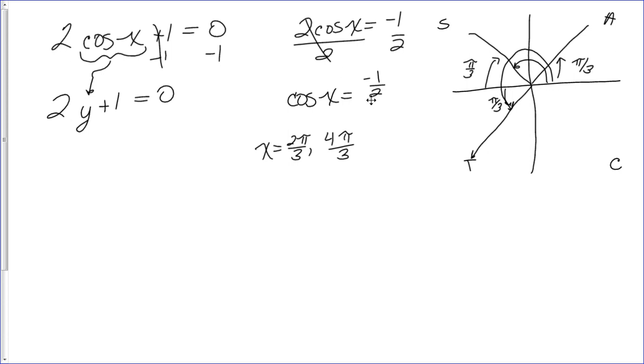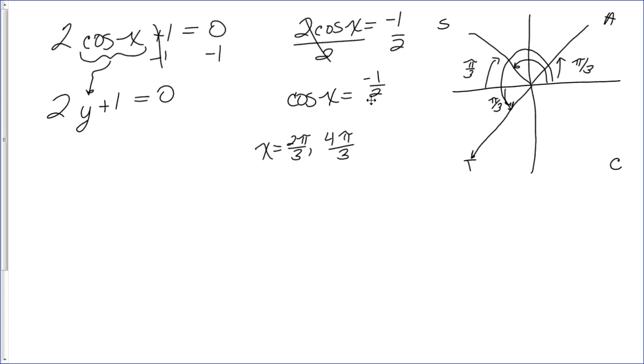And remember, for now, we're limiting it between 0 and 2 pi. So you figure out what angles on this unit circle equal negative 1 half. First thing you want to do is find your reference angle in the first quadrant. Pretend it's positive, whether it's negative or not. Find out what your reference angle is, then go to the appropriate quadrants and figure out what the angle in that quadrant is that has that reference angle.